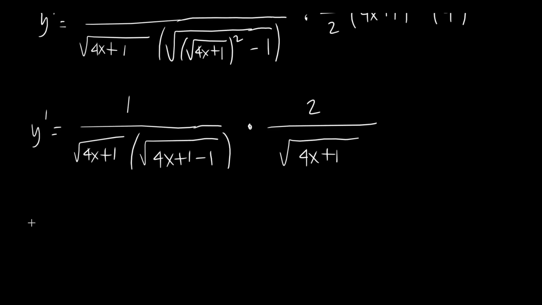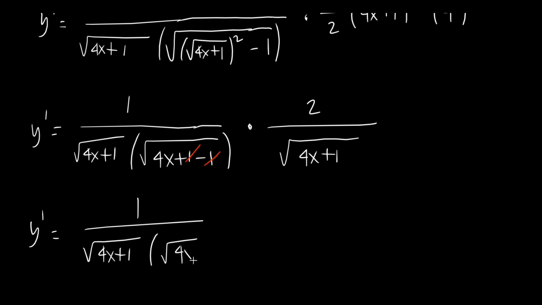So by simplifying, we have y prime is equal to 1 all over the square root of 4x plus 1, multiplied by the square root of 4x, since the 1 minus 1 will be cancelled, times 2 all over the square root of 4x plus 1.